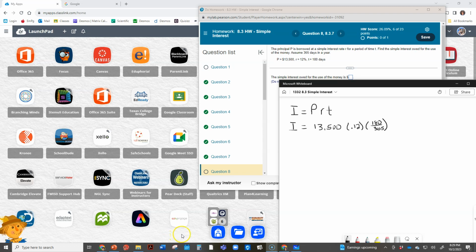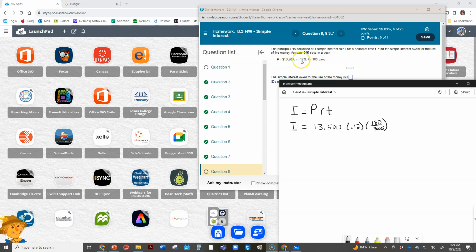Okay, so I've been doing some thinking since the last video, trying to explain why I know that I should do it in a year, and it's because interest rates are almost always advertised as annual interest rates. They give you your annual interest rate.